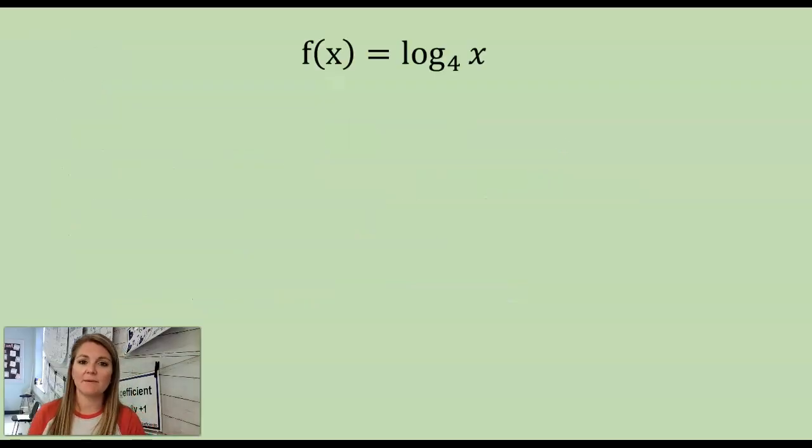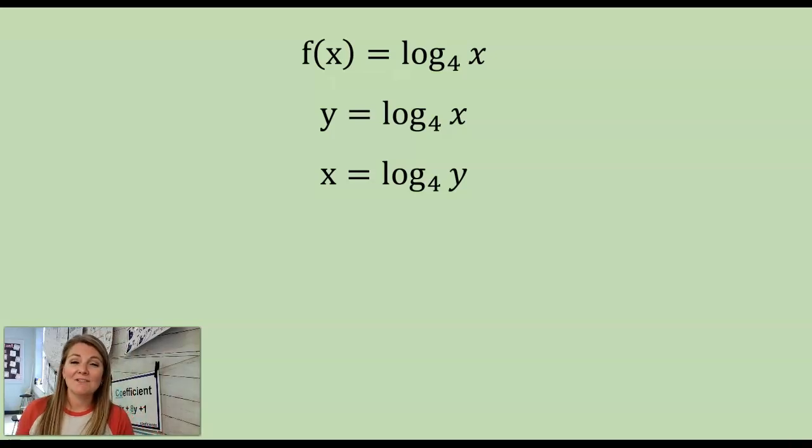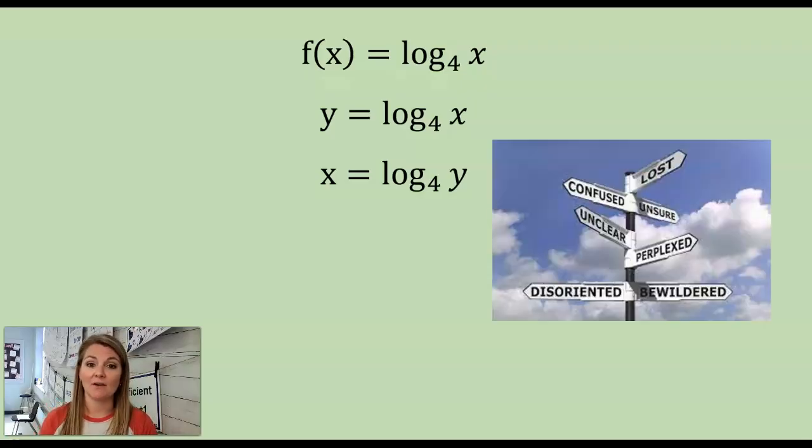All right, so first example, I have f of x is equal to log base 4 of x. So step 1, rewrite f of x as y. Step 2, switch them. Okay, now I need to get y by itself. For me, it is really hard to see how in the world I would get y by itself. So I'm going to switch it, and I'm not switching the x and y.